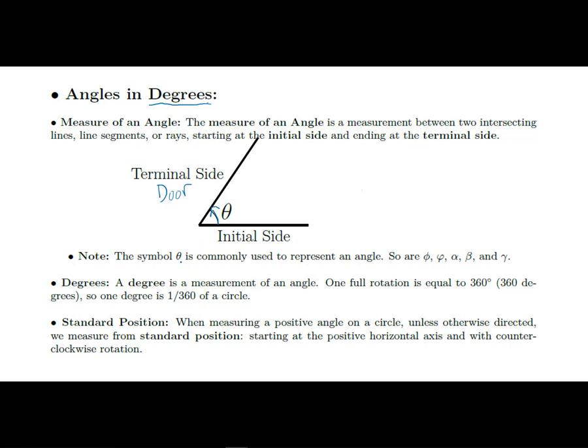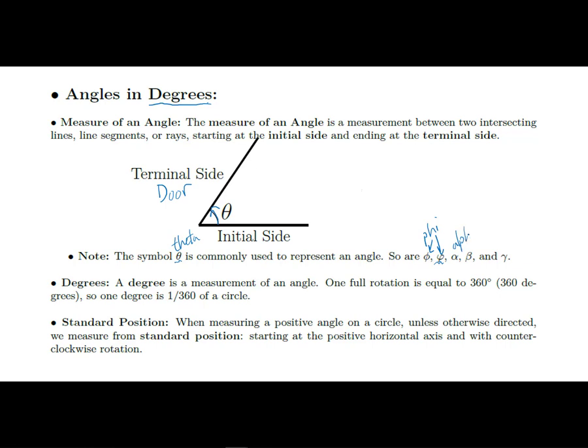Now, the symbol theta is one that we are going to commonly use whenever we're talking about angles, as you see in the picture here. Theta is a Greek letter. But there are other symbols we use as well. Phi, and actually both of these are phi. This is the cursive version of phi, I guess.